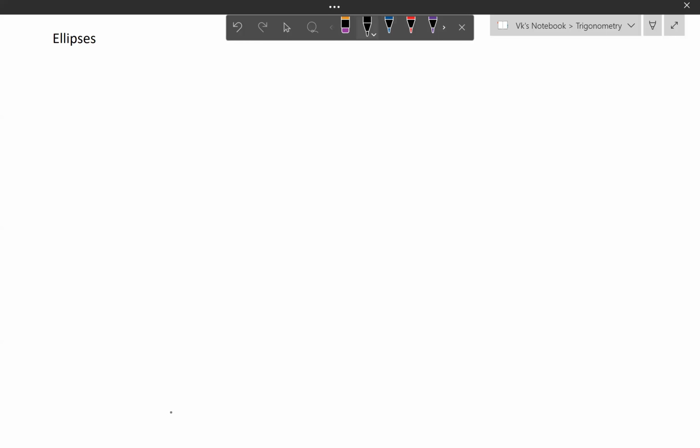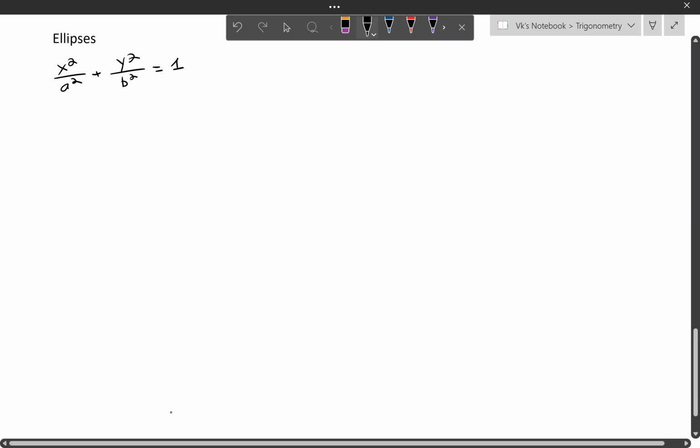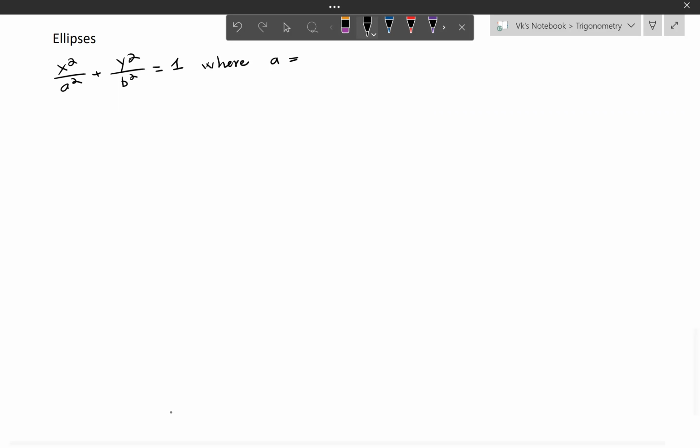So ellipses are x squared over a squared plus y squared over b squared equal 1, where a is different from b. And then from here, we can sketch out the ellipses because it has the vertices.